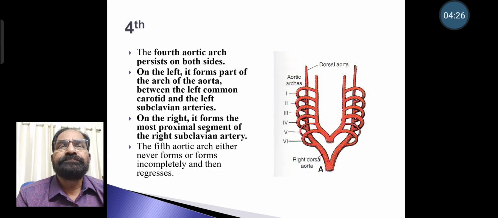4th aortic arch. The 4th aortic arch persists on both sides. On the left, it forms part of arch of aorta between the left common carotid and left subclavian arteries. On the right, it forms the proximal segment of right subclavian artery. The 5th aortic arch either never forms or forms incompletely and then regresses.